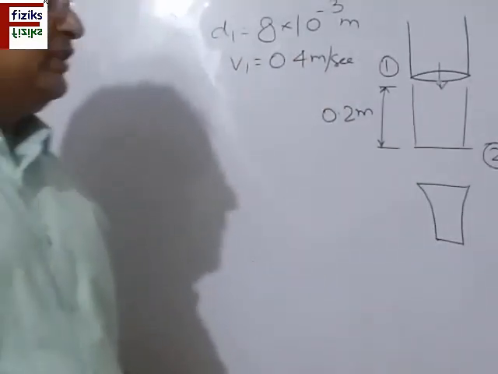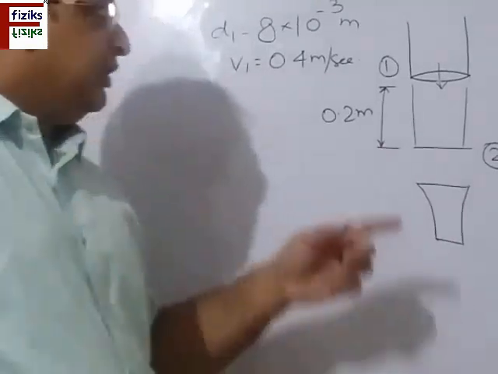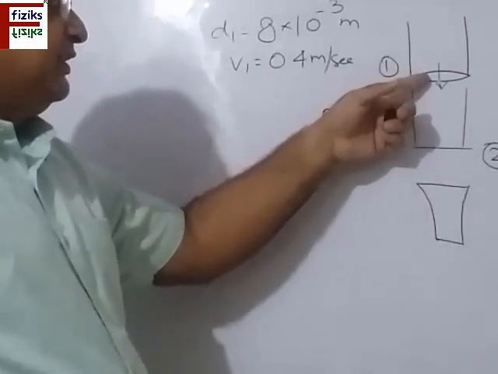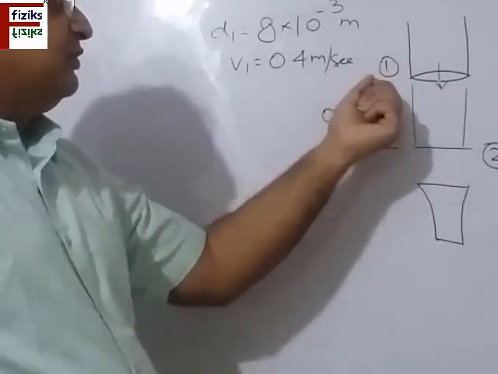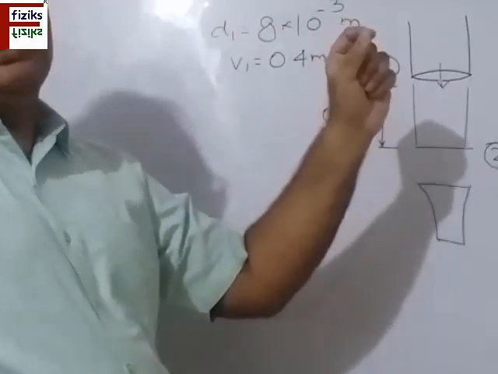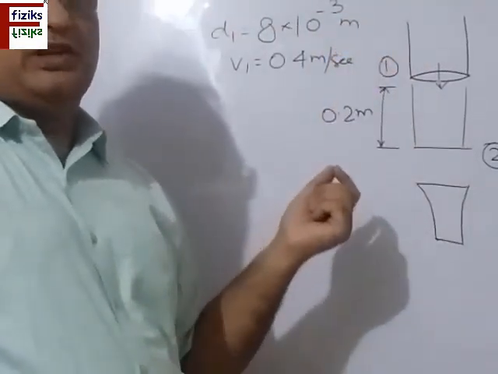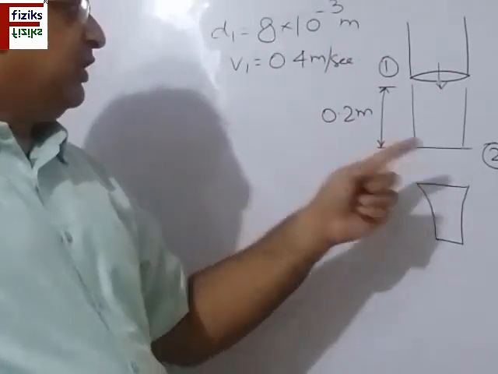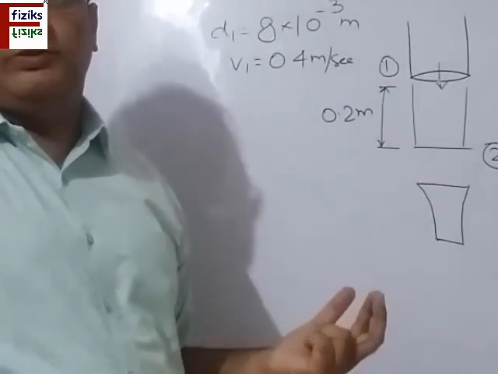Now what we have to do here is just apply Bernoulli's equation. The pressure at section 1 is atmospheric pressure, and pressure at section 2 is also atmospheric pressure.